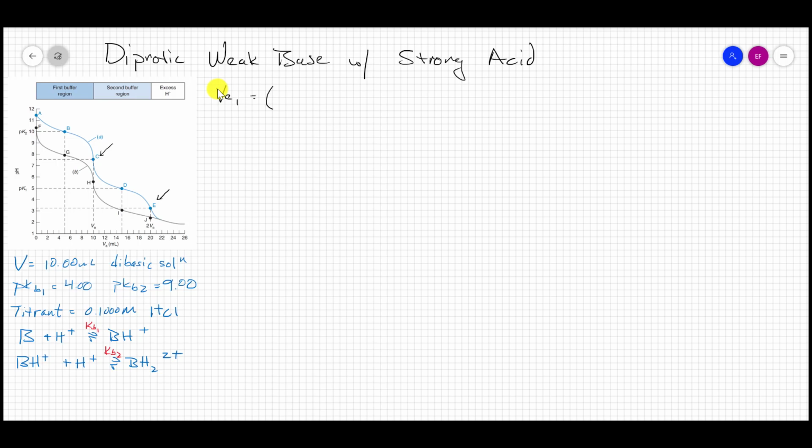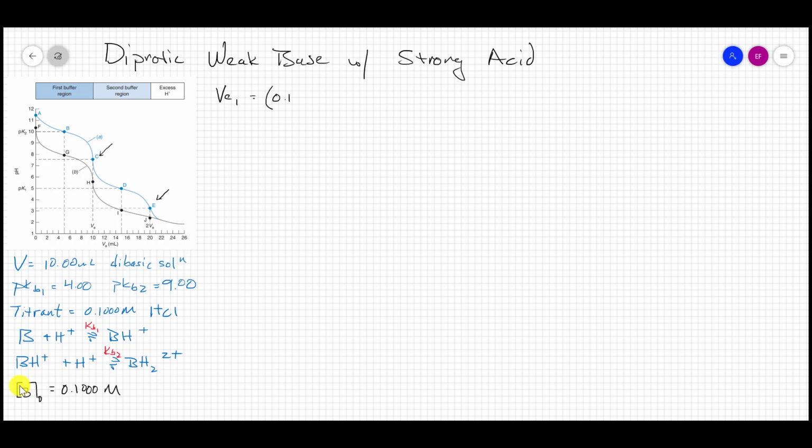So we would have the concentration of our original dibasic solution. Let's see here. I forgot to write that up. That's our solution here, and I'll just write our base formal concentration, or B naught, is equal to 0.1000 molar. So that's what we're starting with.